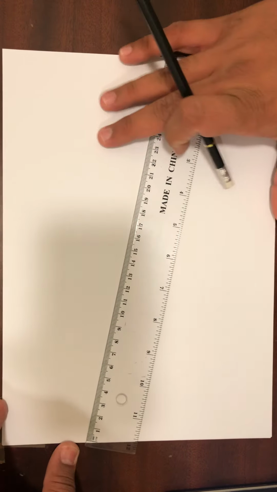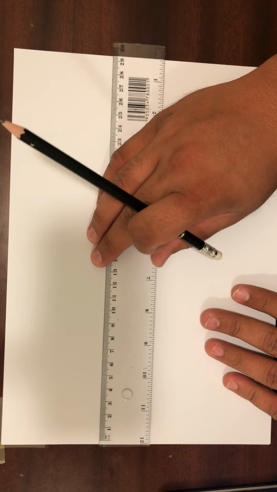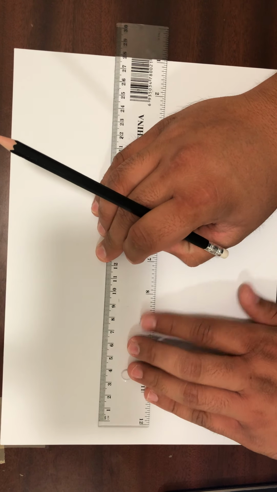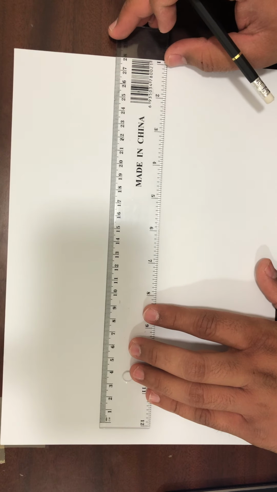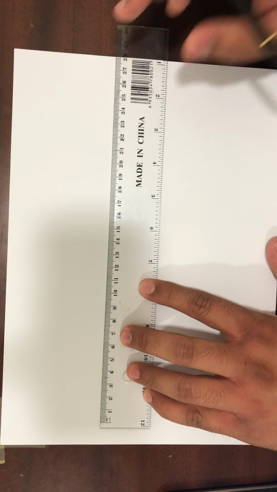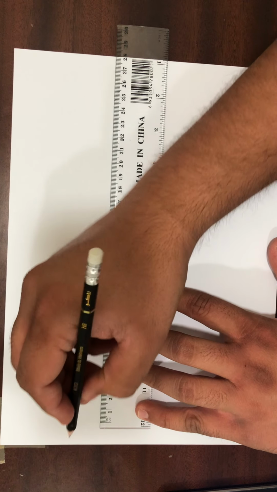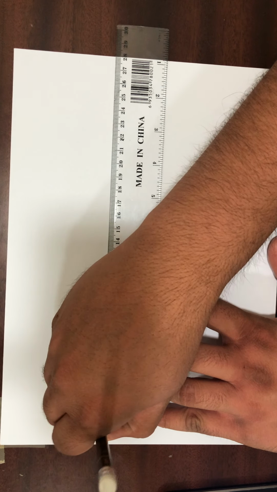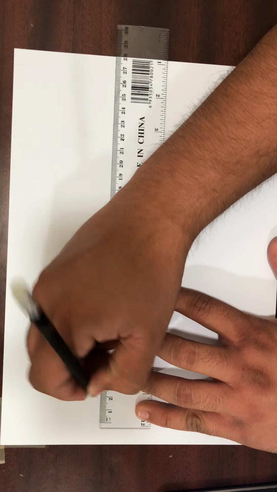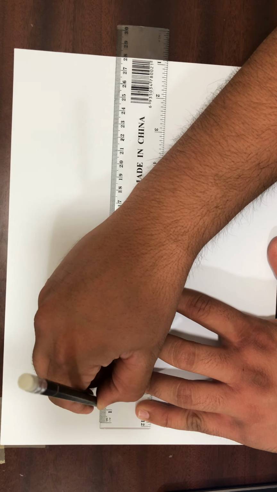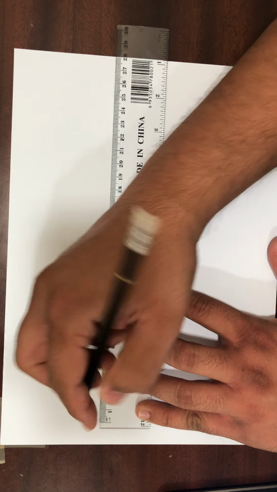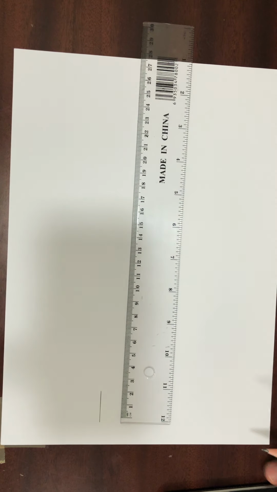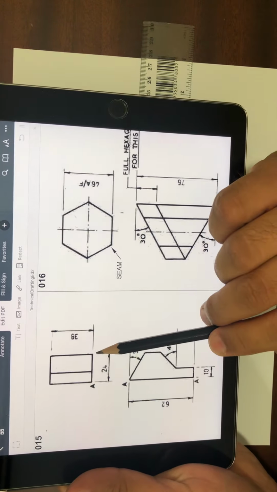So now first thing we have to do, draw a line of length 24, from 0 to 24. So this is 24.